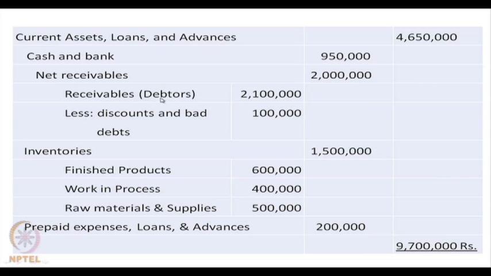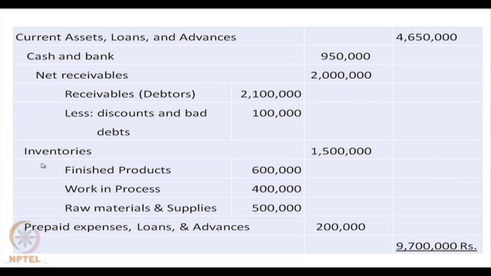This is what is written as receivables or accounts receivable, also known as debtors, is 2,100,000, but the company also can give discounts, and sometimes some accounts receivables are not received. They are called bad debts, and they are subtracted. This is an estimated value. So, this is subtracted from the accounts receivables, and the net receivable is 2 million rupees.